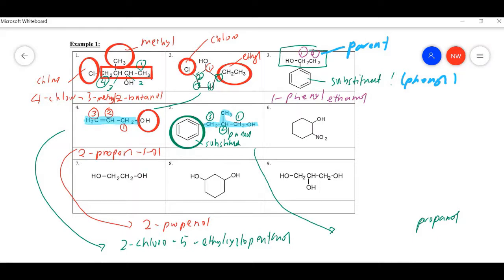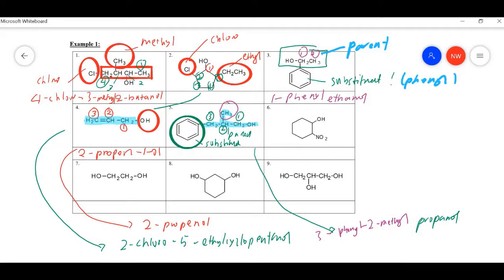Dekat propanol kita ada position methyl group sebagai substituent. Ini jadi substituent kan? So dia 2 methyl propanol. Fenil dia duduk pada position ke berapa? 3. So 3 fenil 2 methyl propanol. Okay, bukan 3 fenil 2 methyl propanol.